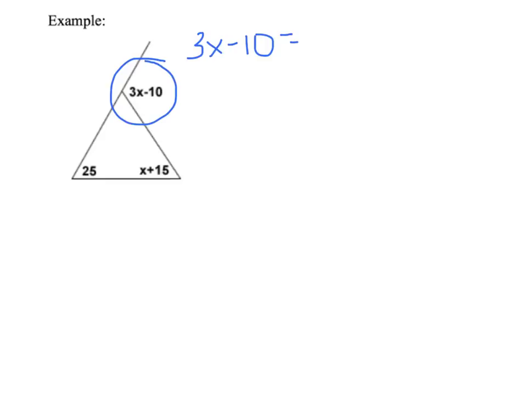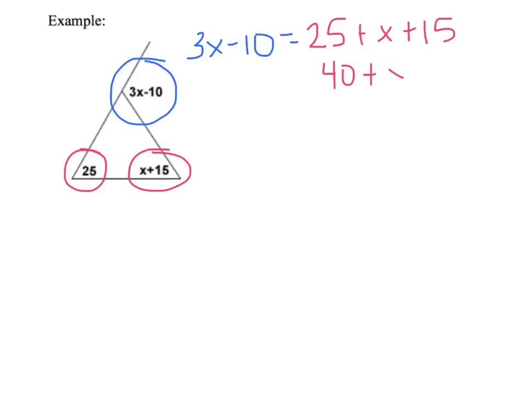And then we want to set it equal to the sum of our interior angles. So 25 plus x plus 15. And now this is just going to be a multi-step equation. So 25 plus 15 is 40. So 40 plus x equals 3x minus 10.